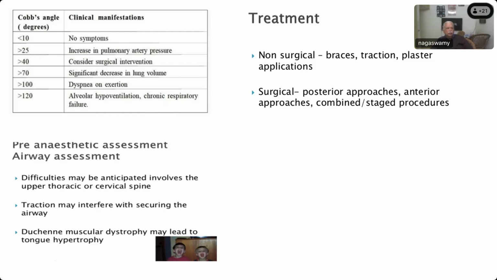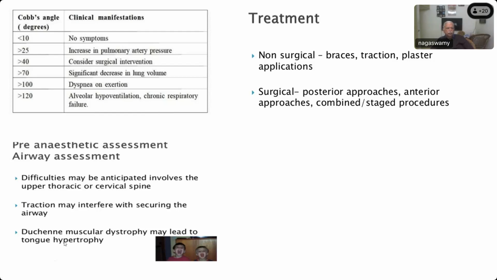So these are the other things, pre-anesthetic airway assessment. Especially cervical scoliosis will produce a very great challenge for intubation. So you have to make sure that airway assessment is done properly. And if they are on any traction, that may interfere with securing the airway.